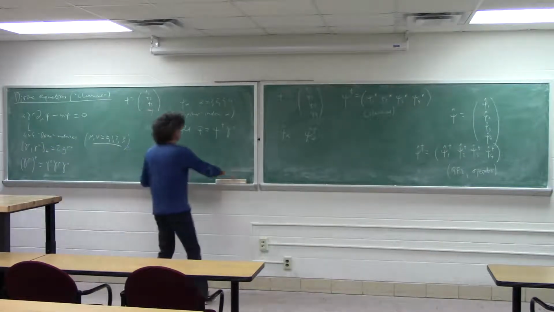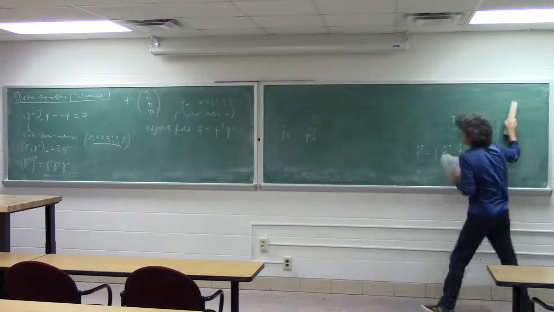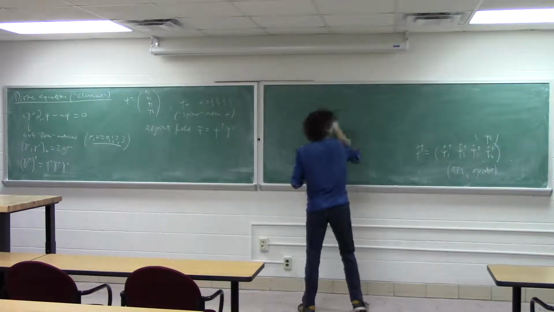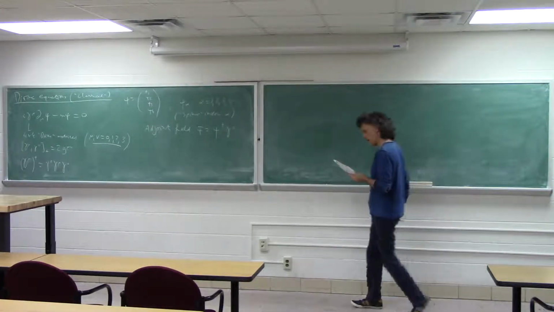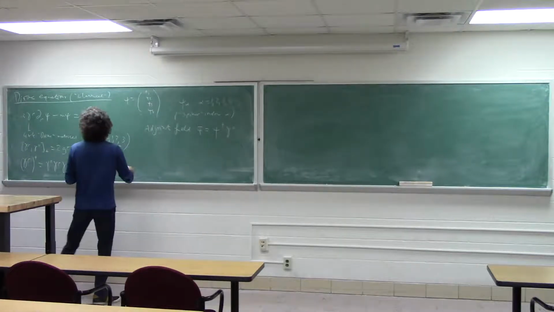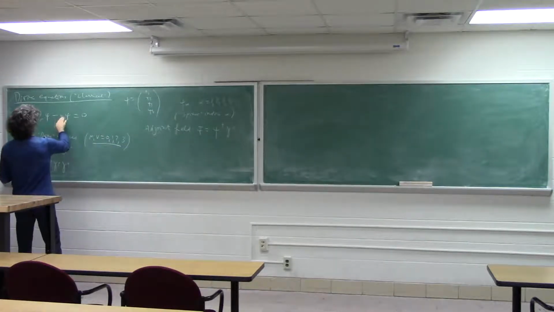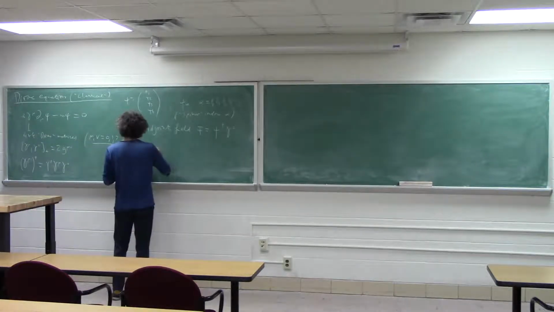So just to catch up with where we were last time, we wrote down the Lagrangian density. So the adjoint field: trivially, if psi obeys this equation, then the adjoint field obeys the following equation.